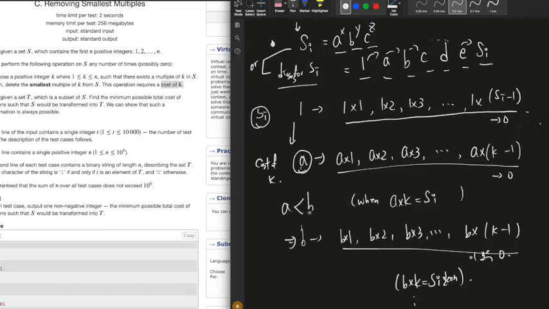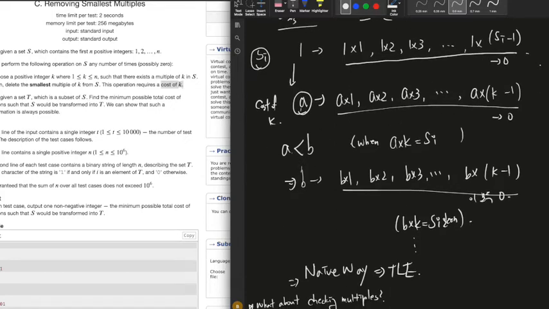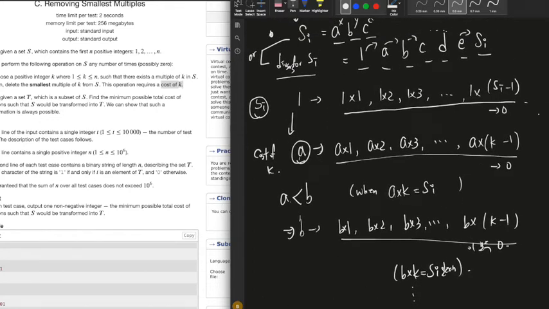Because B will be greater than A. So in a naive way, it seems to have too many calculations, so it will end up exceeding the time limit. So it's not the right way to solve the problem, because as you can see, there are so many things to think about.